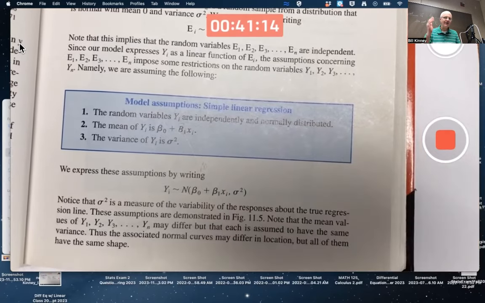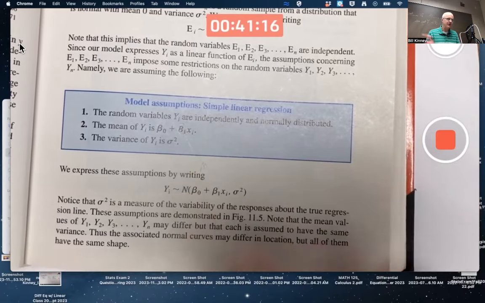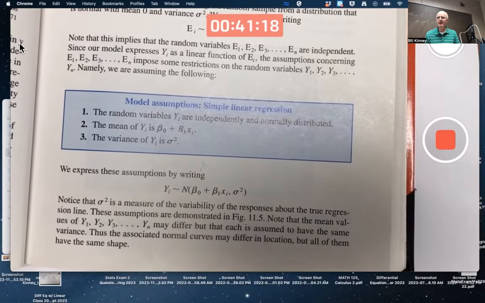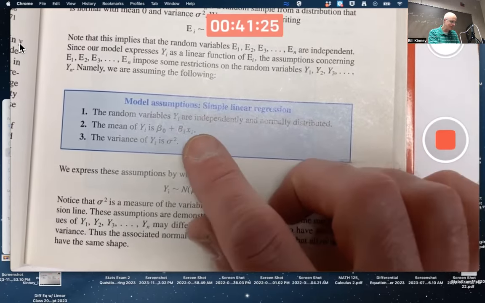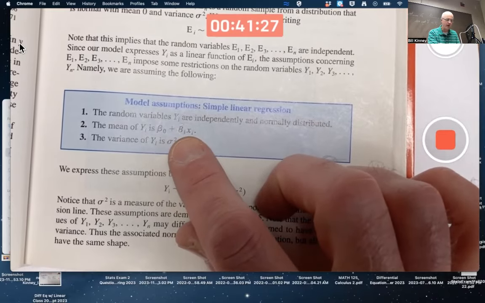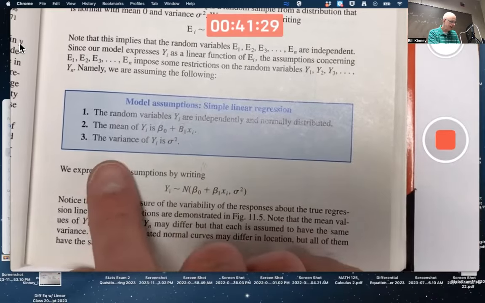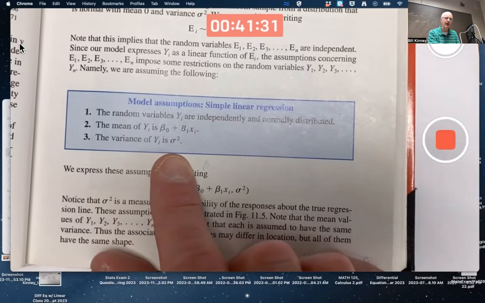Essentially, if you model the y values as random variables for different x's, you get a bunch of independent random variables that are all normally distributed. The mean of yi is beta 0 plus beta 1 xi, and the variance of each y is sigma squared. What's sigma squared?